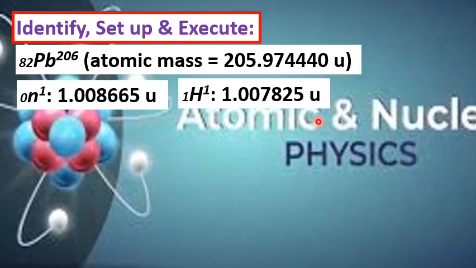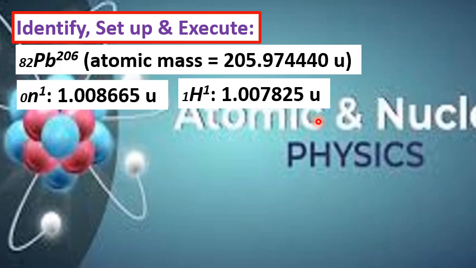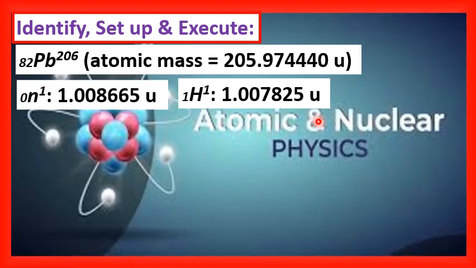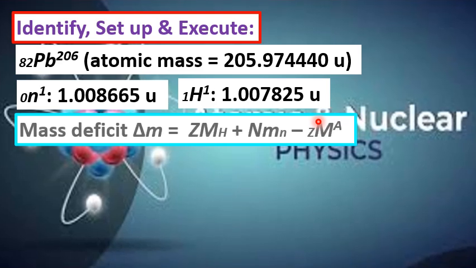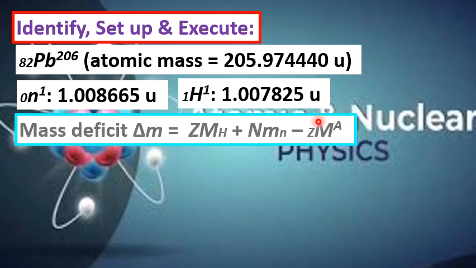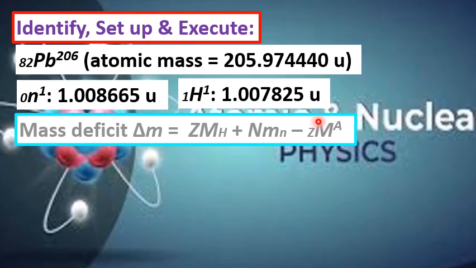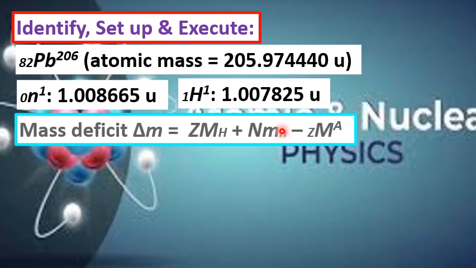So to compute the mass deficit denoted by delta M, we use this formula.